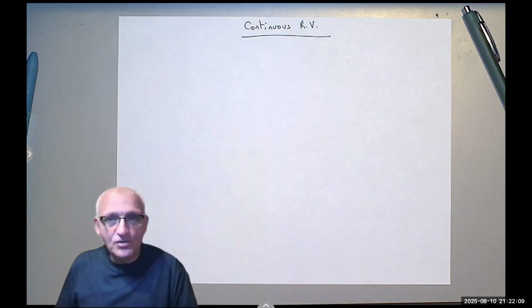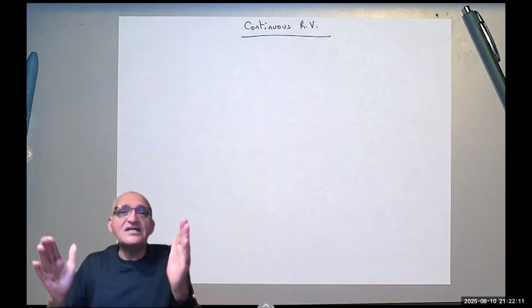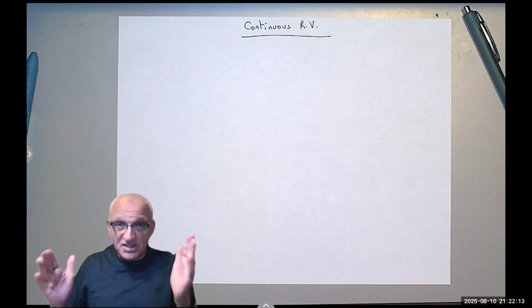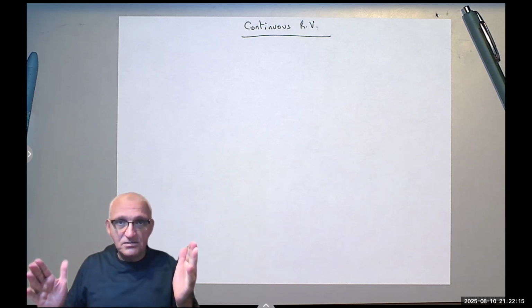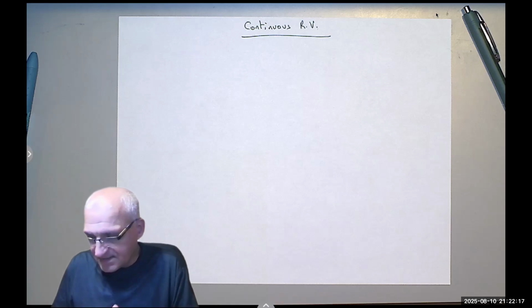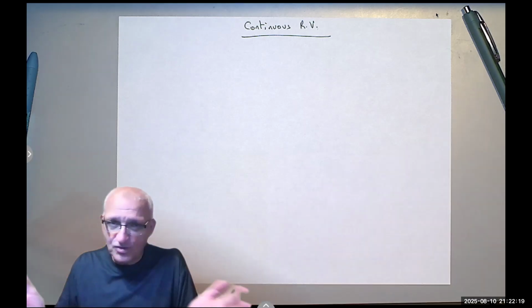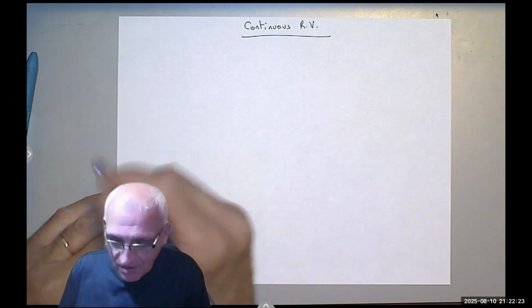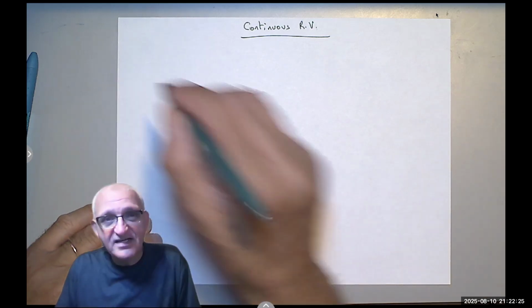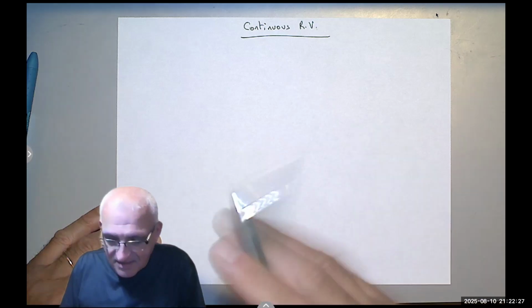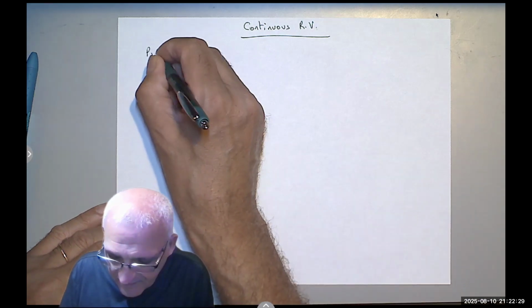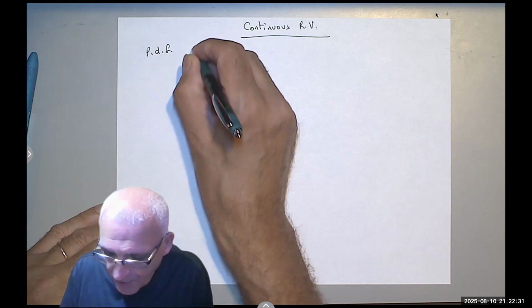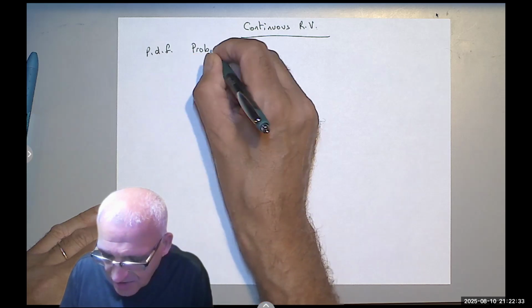In continuous, no, X takes on any value within a range, which is the domain of the function, okay? The values of X. And this domain may be finite or infinite. It doesn't matter. We refer to that probability that defines the X's as the PDF or the probability density function.